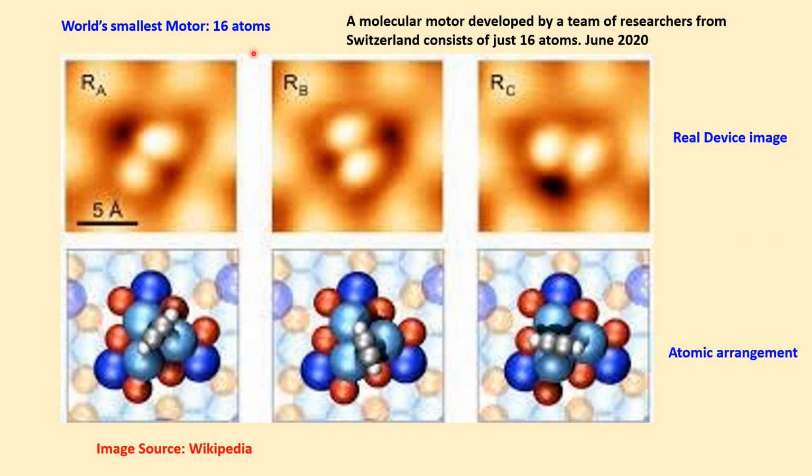So this is the world's smallest motor made by 16 atoms. These are the atomic arrangement, and these are the AFM image, atomic force microscopy image, real image, and it was made by scientists from Switzerland in 2020.